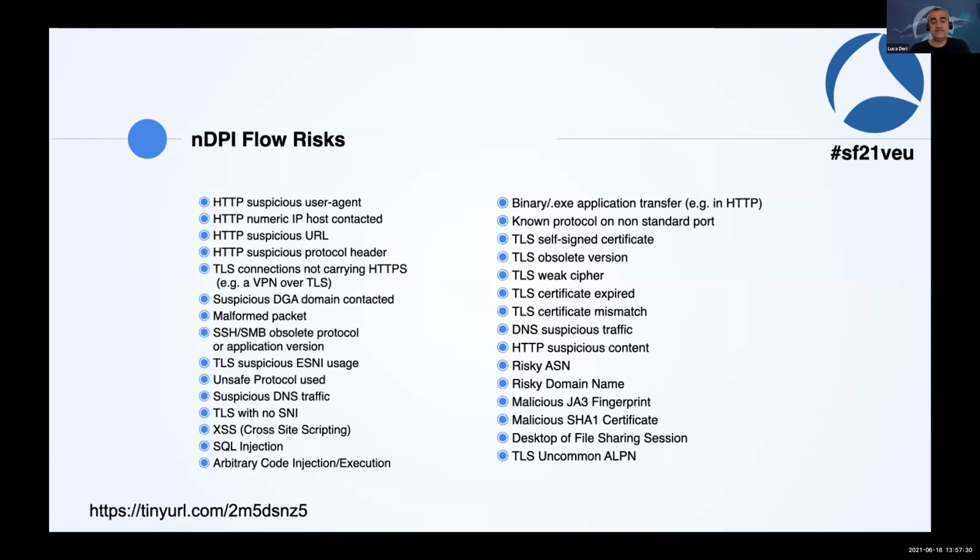So for instance, if you have an HTTP request with a numeric IP, this is not that bad. It is much worse to see, for instance, a DGA, just to make an example. Therefore, a score is a numerical value from 0, no problem, to 255, severe problem, that we associate with the flow, and that nDPI is passing to Wireshark.